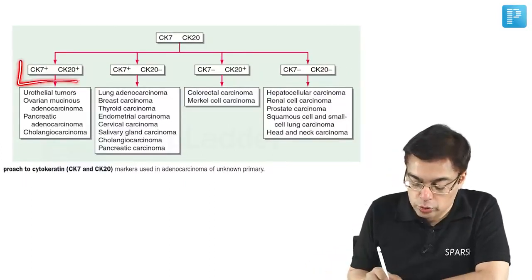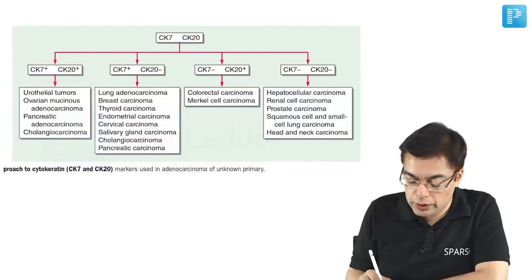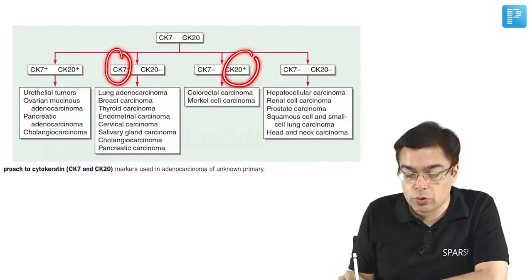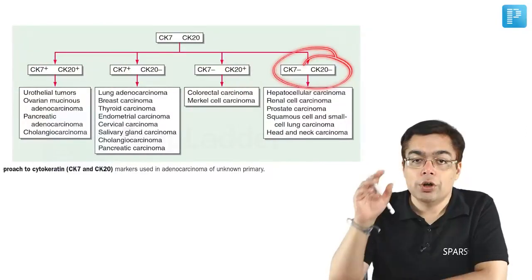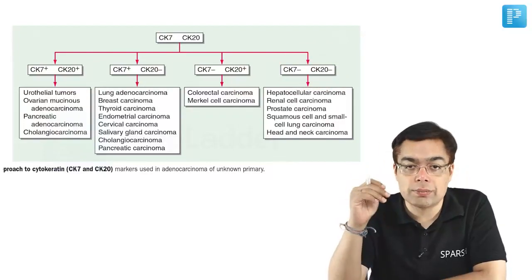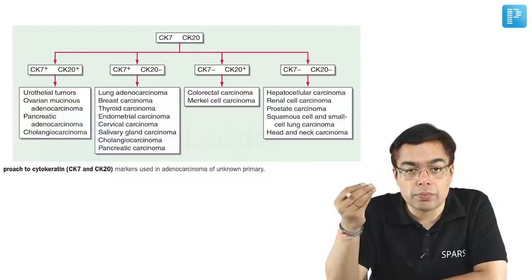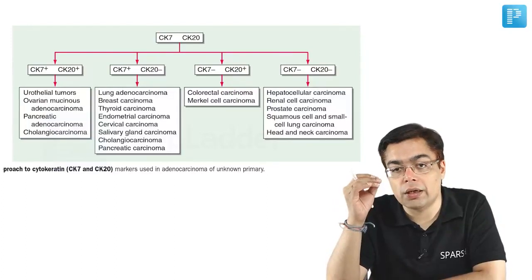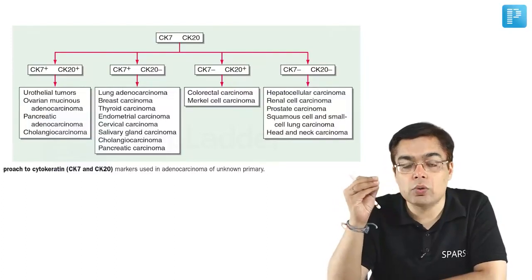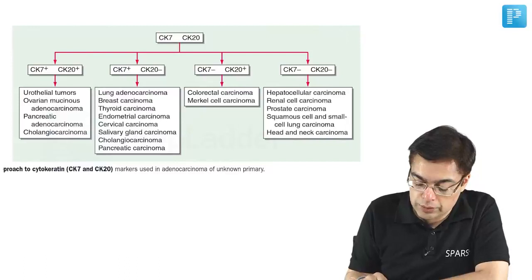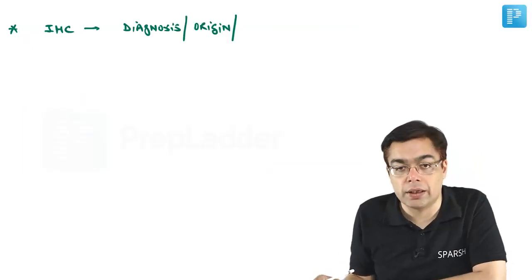Depending upon the fact whether both of them are going to be positive, only one is positive, whether it is 7 or 20, or both of them are going to be negative, you can be making a tentative diagnosis about the carcinoma of the unknown primary. So relative idea would be available to you where exactly can you expect to have the primary when you are talking about something like the cytokeratin 7 and 20.